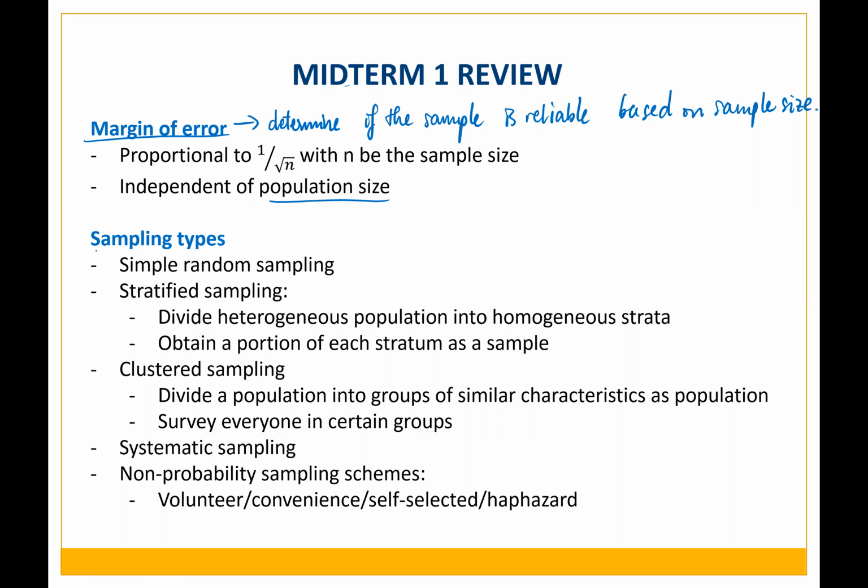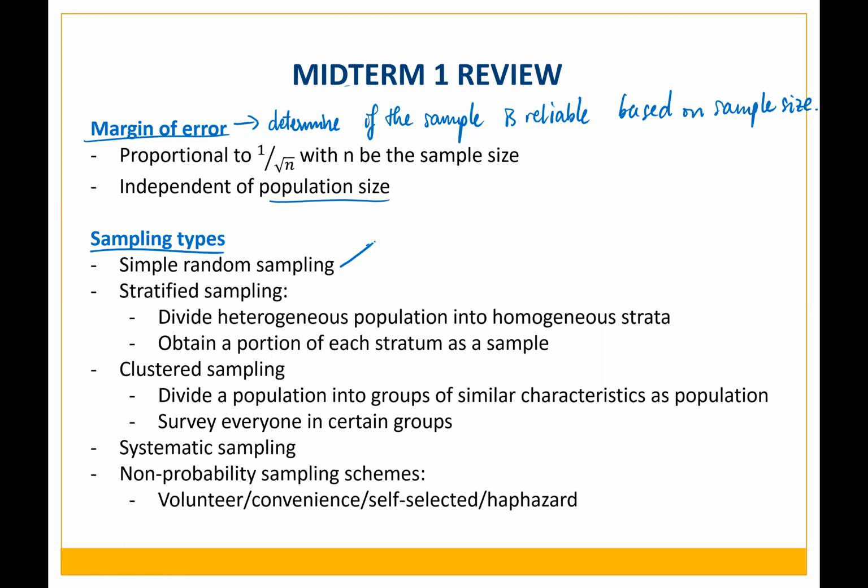Then we have sampling types. So just different techniques that we're gonna use to survey our sample or pick out samples. So first one is simple random sampling. So basically we have a sample frame where we have most of the subjects in the population, and we just pick randomly, choose a random number and then pick that person.